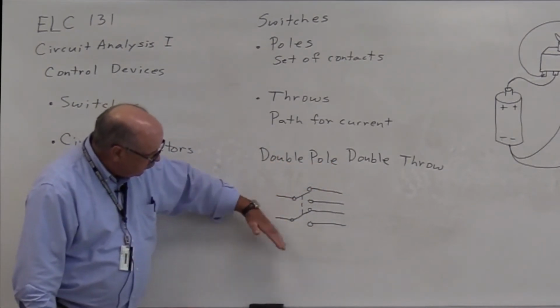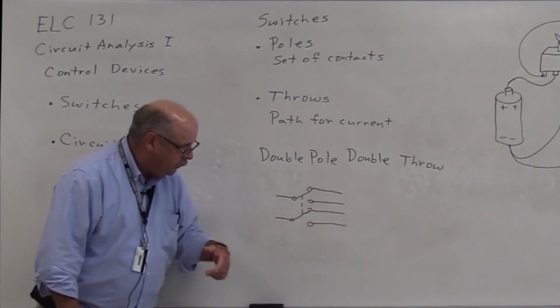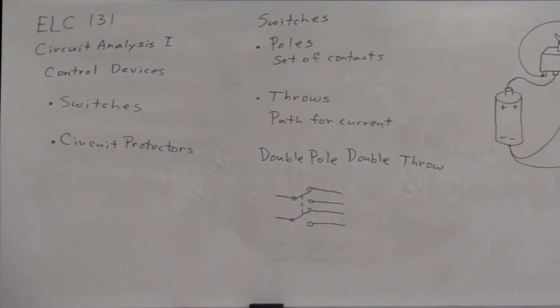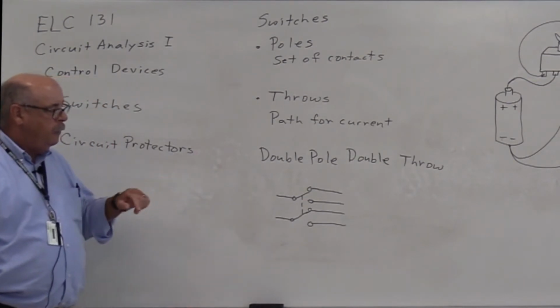If the switch was in the other position, we would have current at this point and this point, or I shouldn't say current, but voltage applied to this point. So our switches can be either single pole, single throw, single pole, double throw, double pole, single throw, or double pole, double throw.